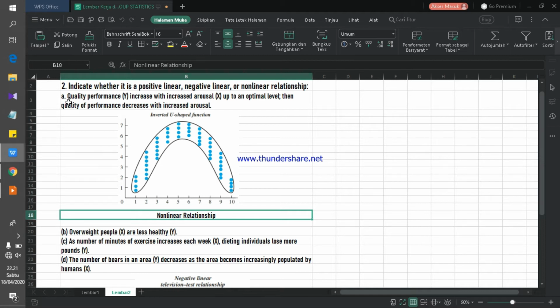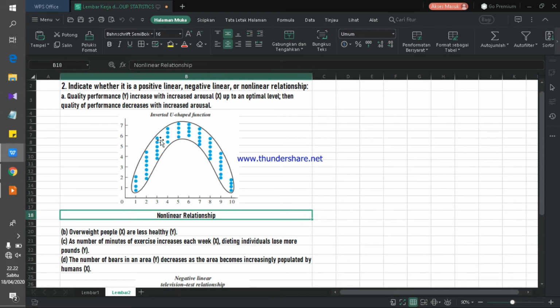As you can see from the first statement, quality performance Y increases. It means that this scatter plot is increasing, right? The data is increasing, and with the increase of arousal X. So here Y and X both are increasing, right?